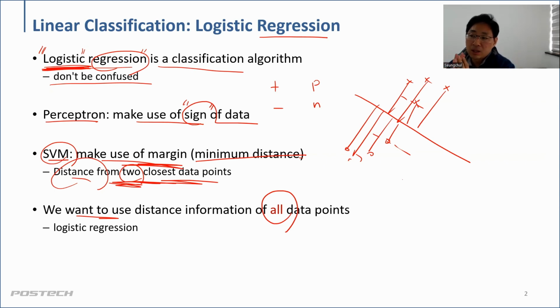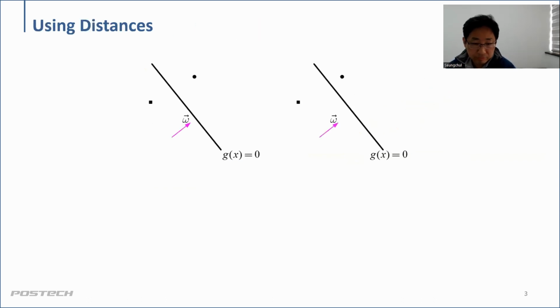Since logistic regression is going to consider the entire set of data points, as opposed to the SVM, which uses only two data points, we hope that the mechanism gives a better classifier. Let's see. The motivation is this: for logistic regression, suppose we have only two data points.